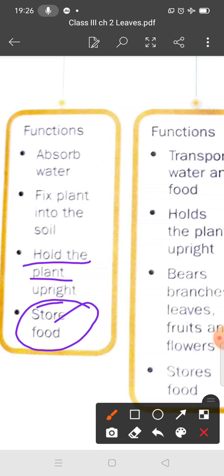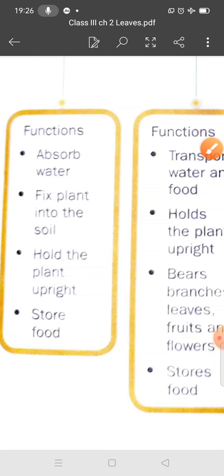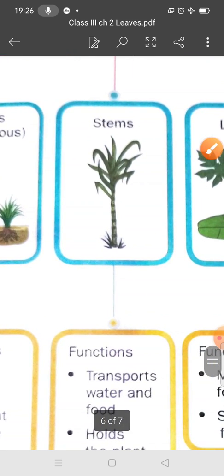Okay student, now the next part of a plant is the stem. You can see this diagram. This is the sugarcane diagram. I think this is the stem, student. So what is the function of the stem?